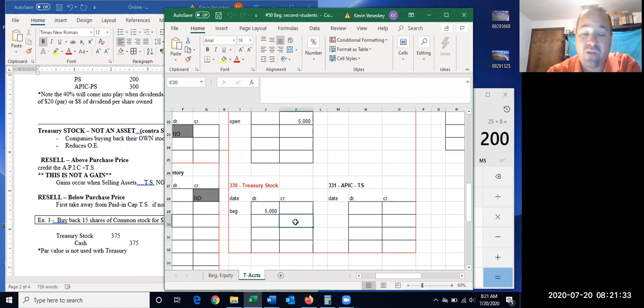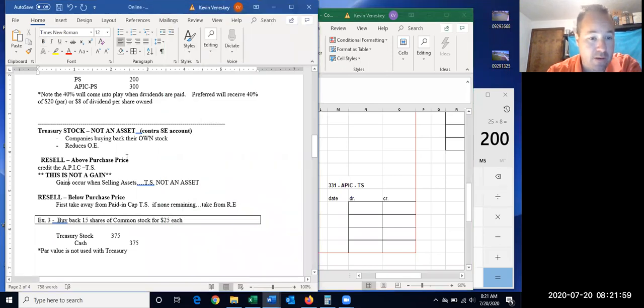So I have to get rid of the entire treasury, and then I have to come over here as a negative and get rid of any gain that I have accumulated. And if I don't have any gain that I've accumulated or I run out, the rest of it is going to go as a negative to retained earnings. So that's how that's going to work.